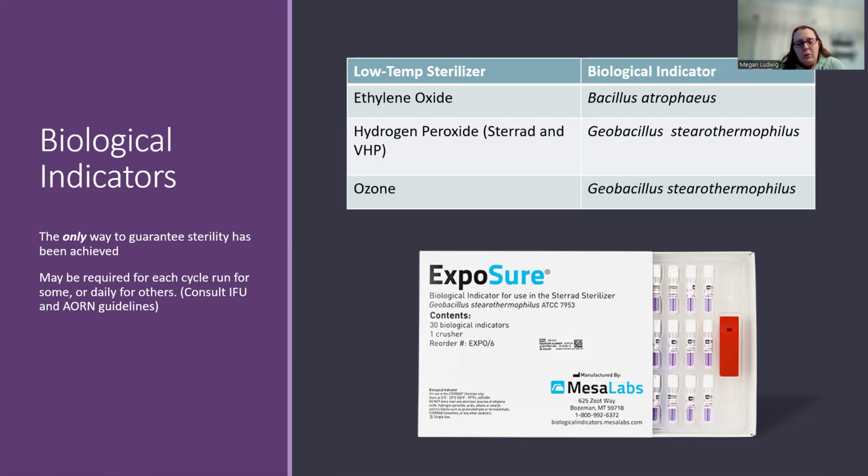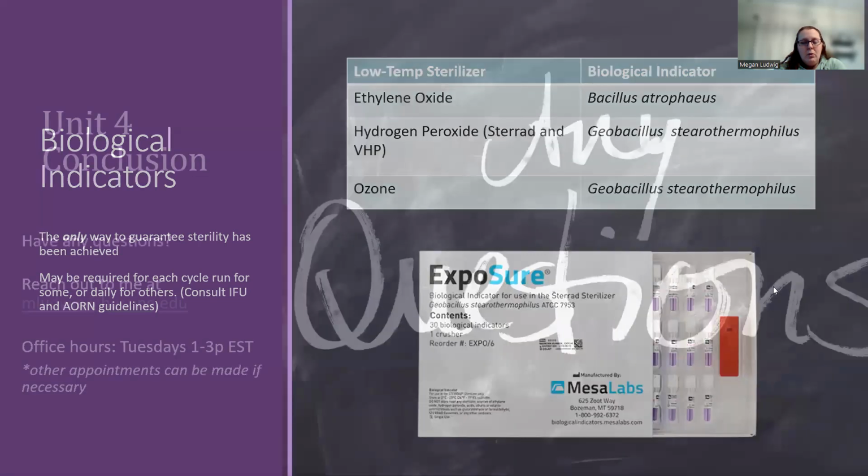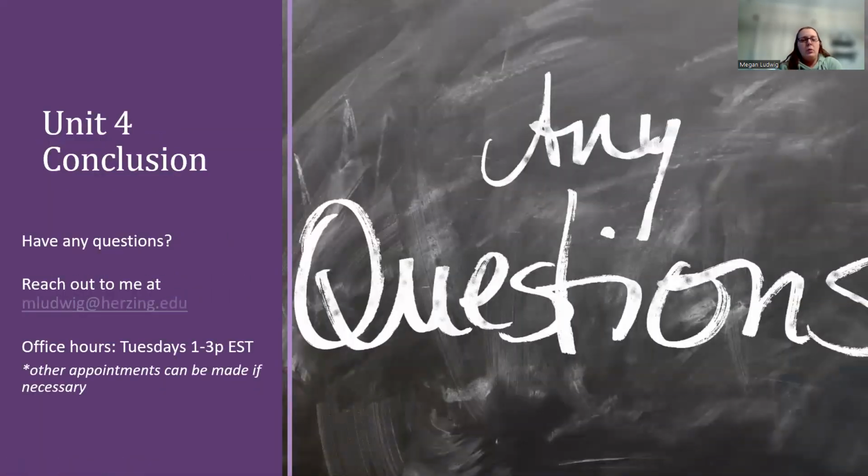Now they have rapid readouts, like 3 hours, some of them. So that's really handy if you're trying to make sure no one's getting an SSI. That's really important, right? So I'll show you a video later about how to read those.